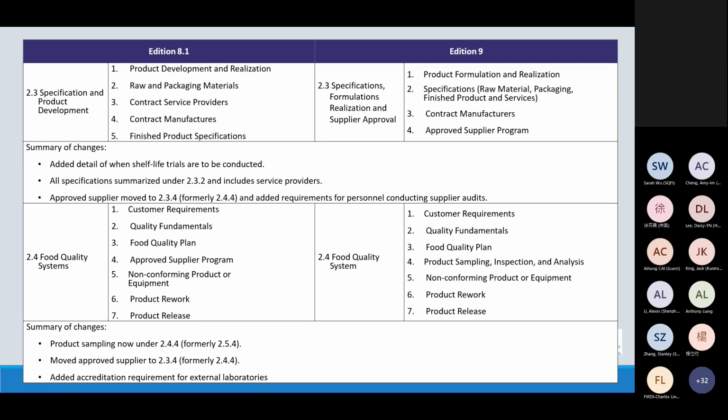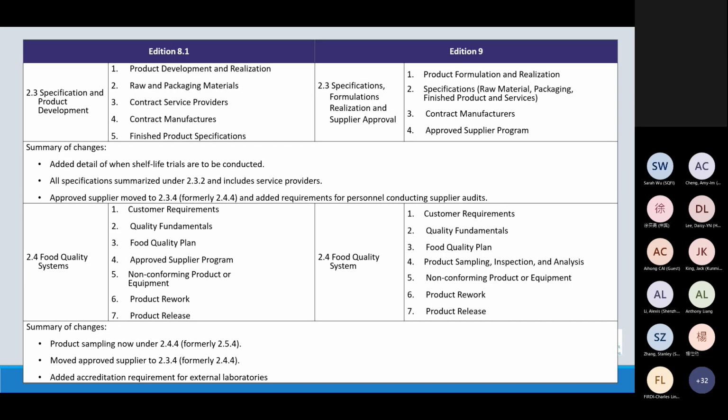And 2.4, which is the food quality system, includes the food quality plan, customer requirements, quality fundamentals, approved supplier program, non-conforming product, rework, and product release. We've added product sampling, which is now under 2.4.4. It was previously 2.5.4.